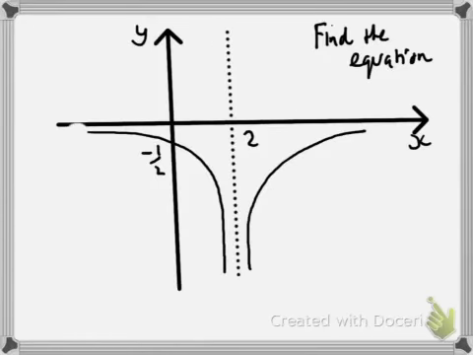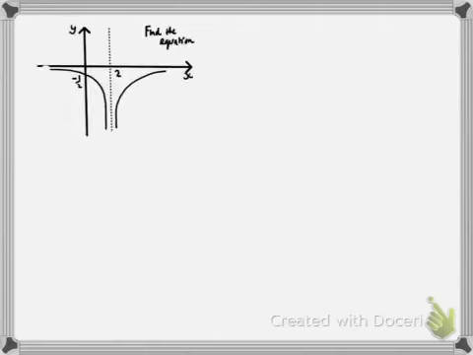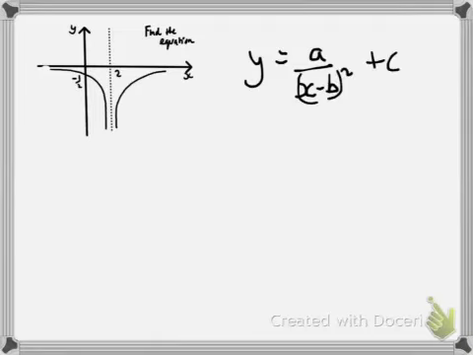Next question. We need to find this equation. To do that, we look at the general form, which is a over x minus b squared plus c. Now you can see that we've got a reflection in the x-axis, so straight away we know that the value of a is going to be a negative number.